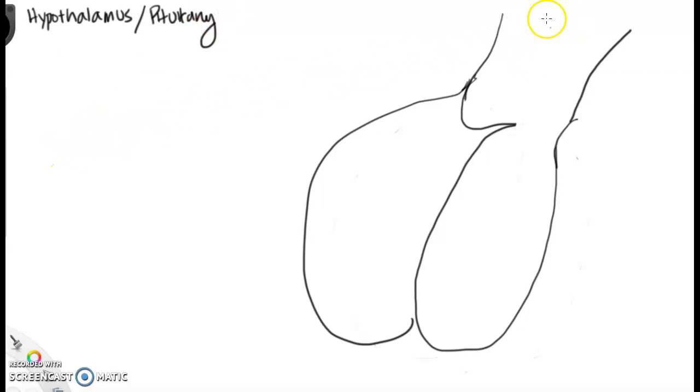So up here in this weird picture that I drew, we have the hypothalamus. The hypothalamus is here, and this little stalk area is the infundibulum, and that of course connects the pituitary gland, which is this whole thing.